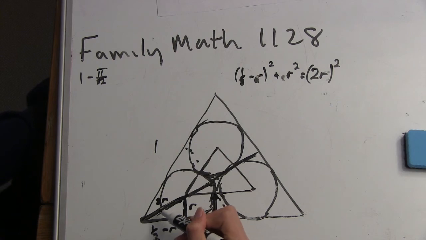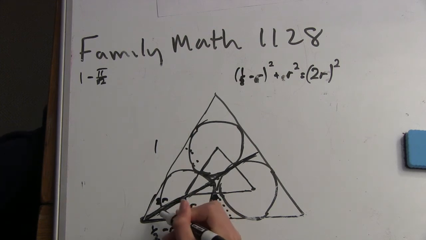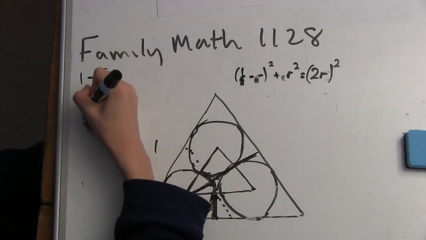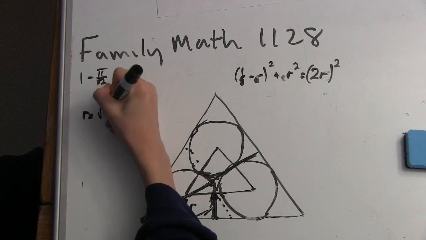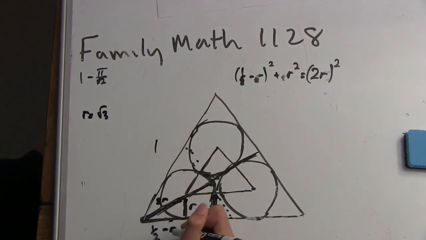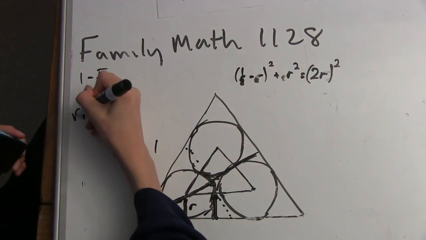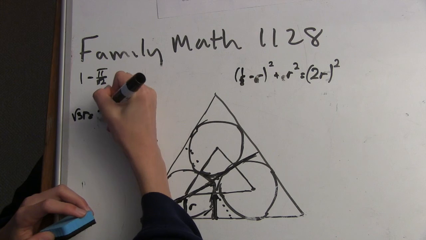Oh, it's a 30, 60, 90 triangle because this bisects this angle here. Good. So that means root 3 times r, root 3r, equals 1/2 minus r.